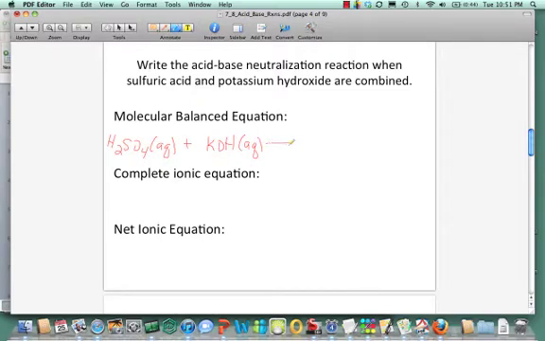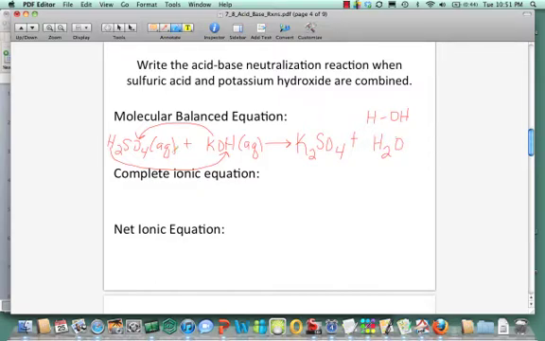We're going to write our reaction arrow to produce our products. Now our products are going to be where we switch partners. So potassium gets sulfate and hydrogen ion gets hydroxide ion. So we end up with potassium sulfate and HOH, which we also call water, H2O.